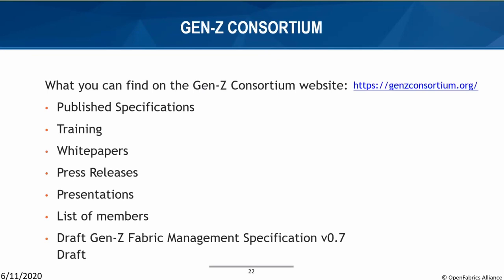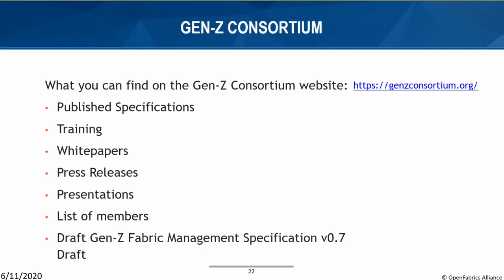Since there's no real way to cover a deep background on Gen Z in 30 minutes, I'm just going to point out that whether you know nothing about Gen Z or know Gen Z fairly well, you can still find a lot of additional information on the consortium's website. Their current specifications are there, several training articles, presentations, white papers. One important item is the preliminary draft of the Gen Z Fabric Management Specification.